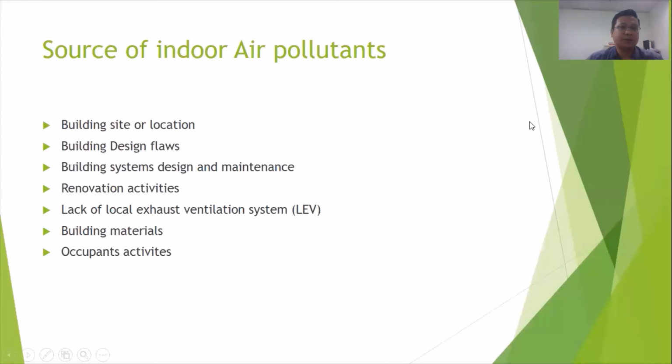Sources of indoor pollutants inside our location include building design flaws, building system design, maintenance, renovation activity, lack of local exhaust ventilation systems, building materials, and equipment activities. These are considered to produce something bad in the air quality.